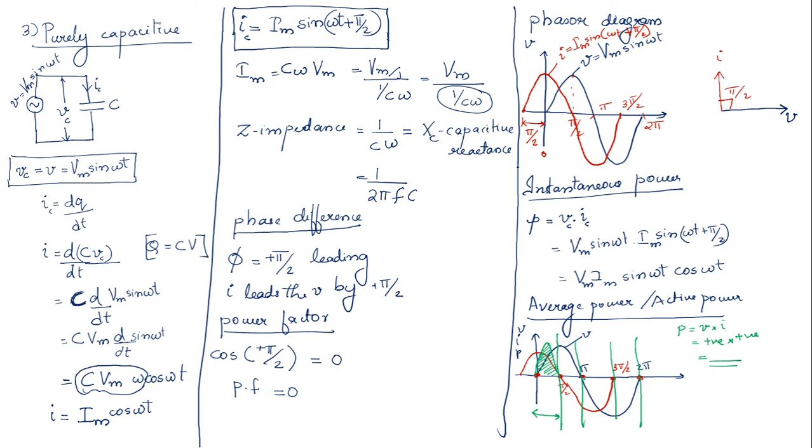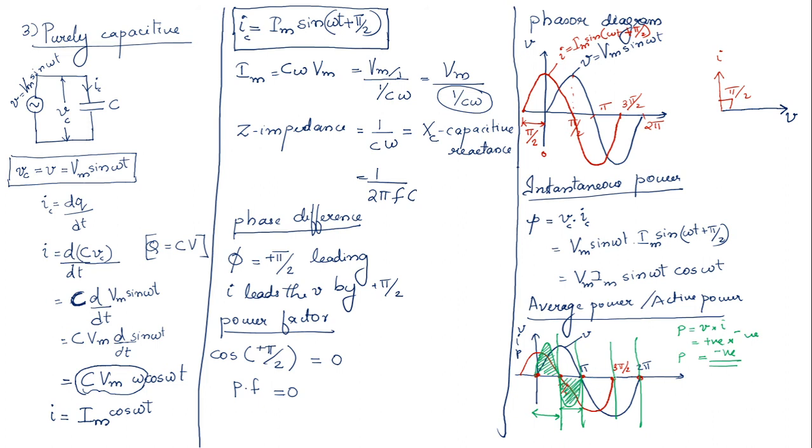The next interval is pi by 2 to pi. In this interval, voltage has a positive value, whereas the current has negative values. A positive value into a negative value will give you a negative answer, so the power curve will be a negative one. Here you can see the shape of the curve obtained for the power during this interval.